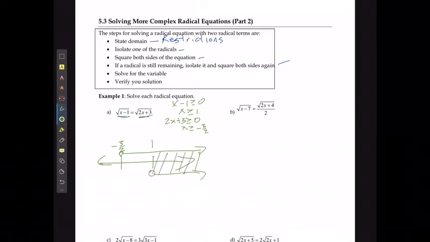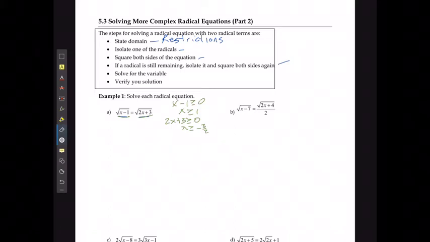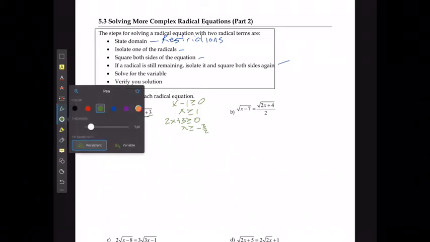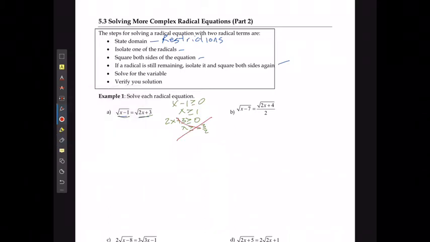It solves for both of them when it is greater than the bigger one, or greater than 1, which means that this one is actually not going to cover all my possibilities, only this one will. So I'm going to state that my restriction is going to be set so that x has to be greater than or equal to 1. That's going to cover possibilities that work for both.